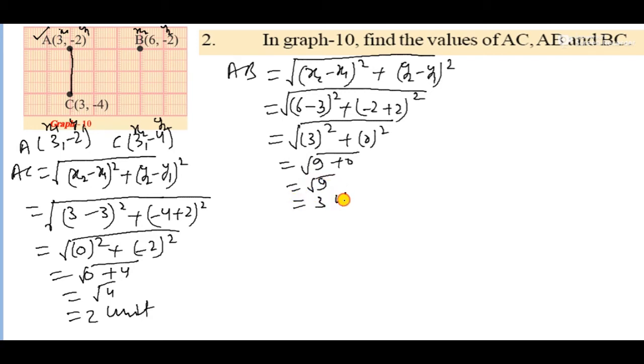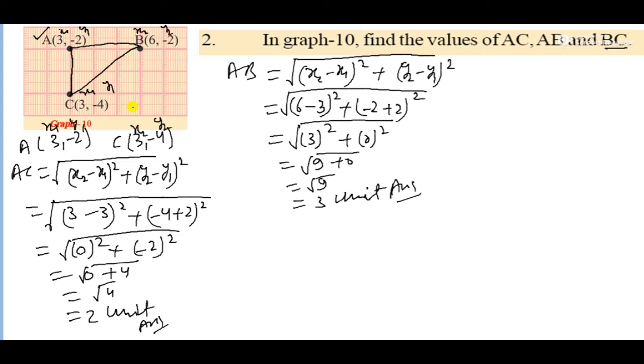What about AB? So as you know, for AB, A is given here as 3, minus 2, that is x1, y1, and x2 and y2. So apply the formula for AB.